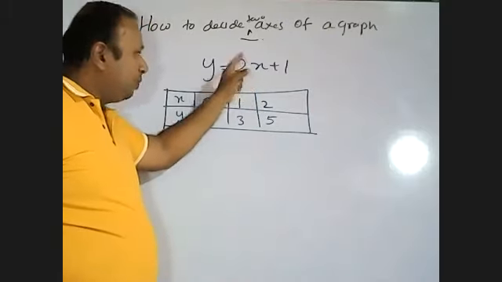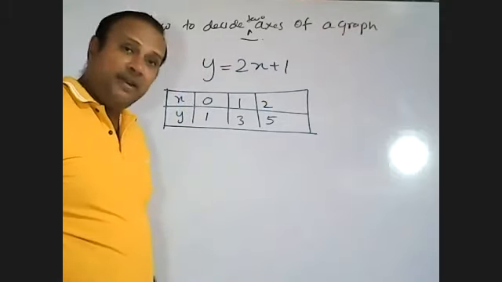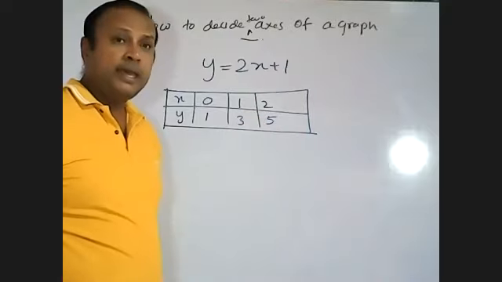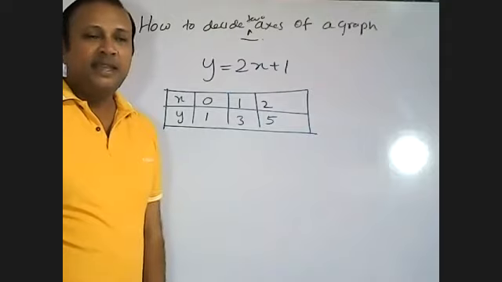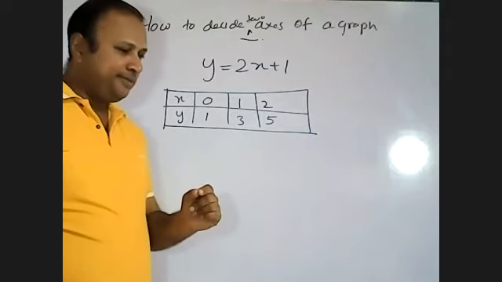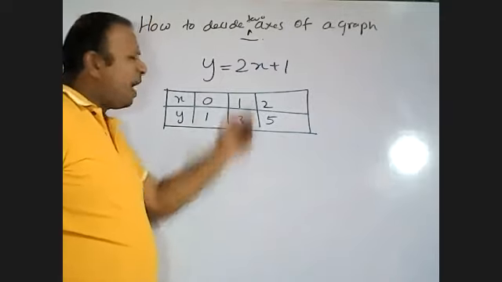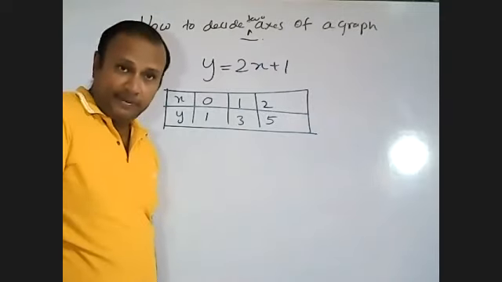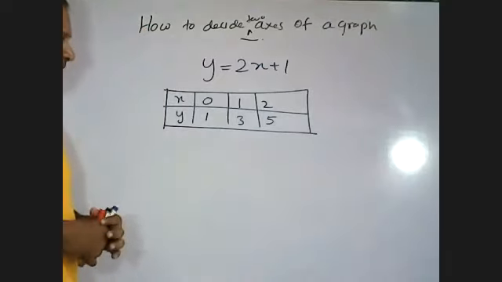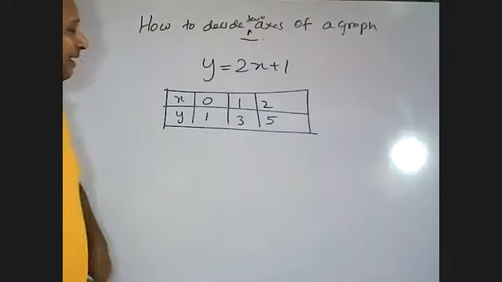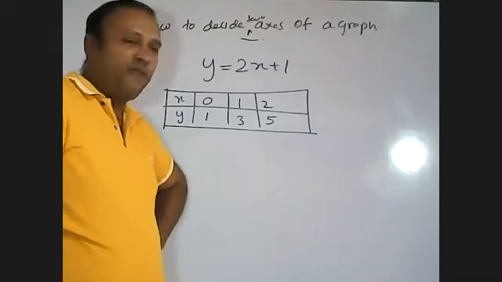Once I substitute that value into this equation, you will have the relevant y value for that particular x value. As a rule, you have to assign a value for x, not for y. We can do that, but as a standard, we assign a value for x.